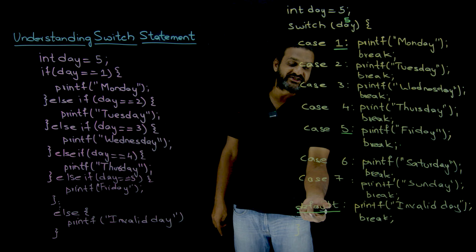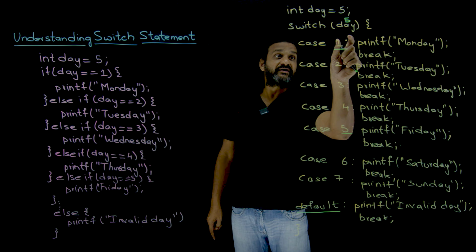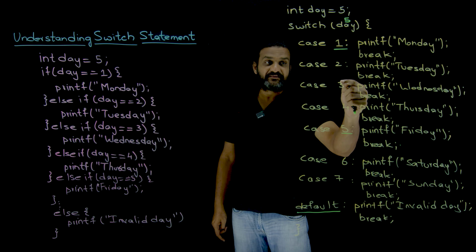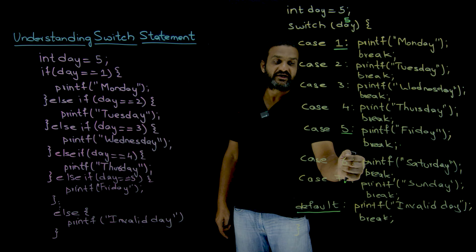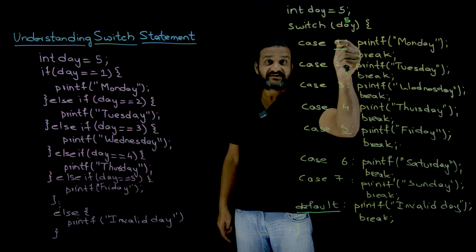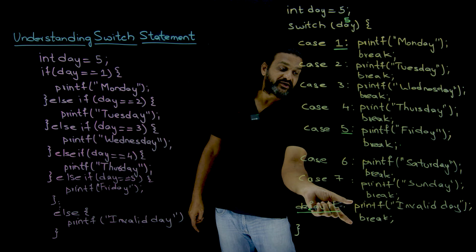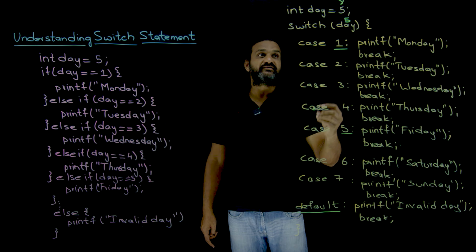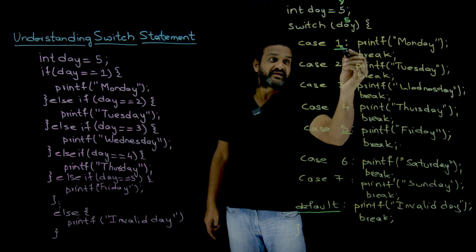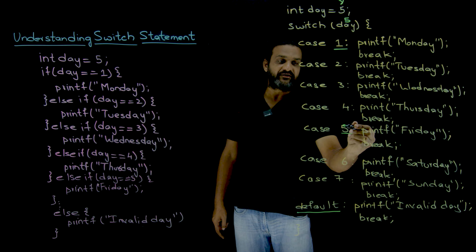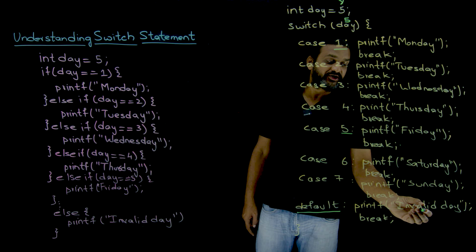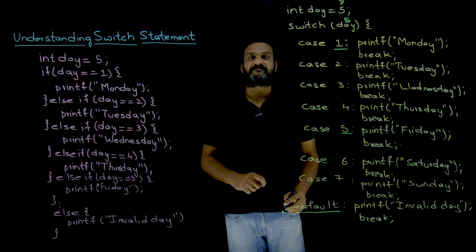Default states that if the value of day is not equal to any of the labels used for the cases, then the default part will get executed. For example, if the value of day is 8, none of the cases has the label 8, so the default will get executed. It is going to print invalid day.